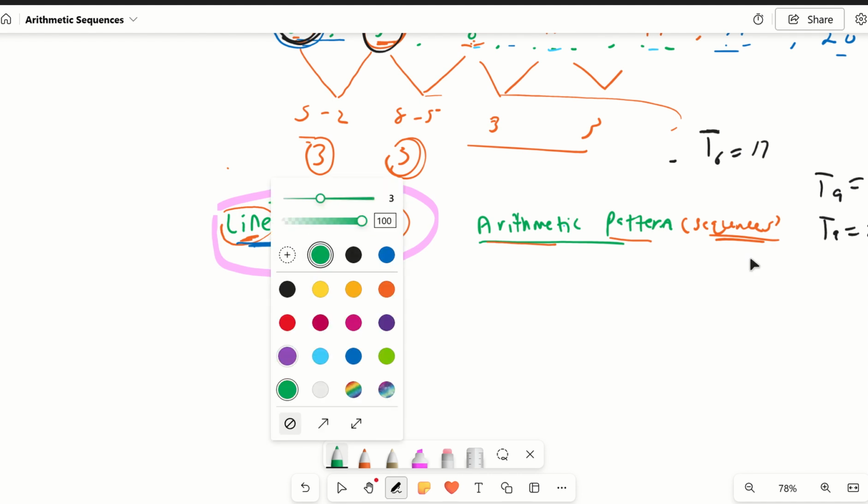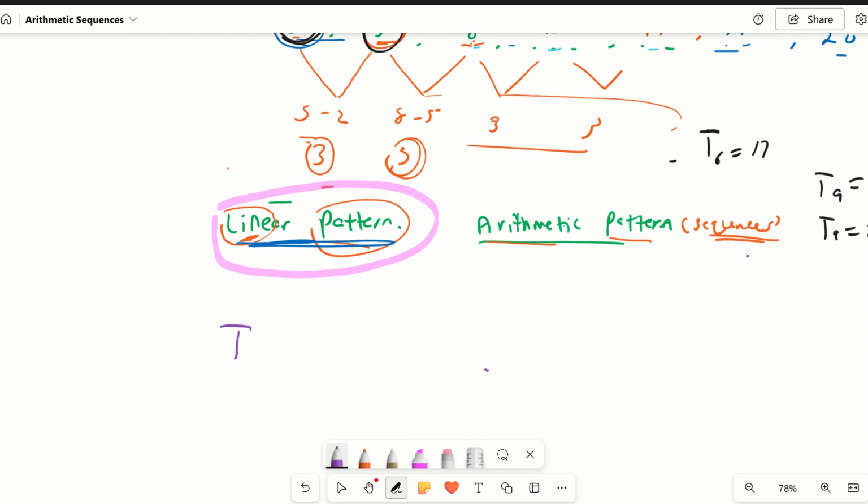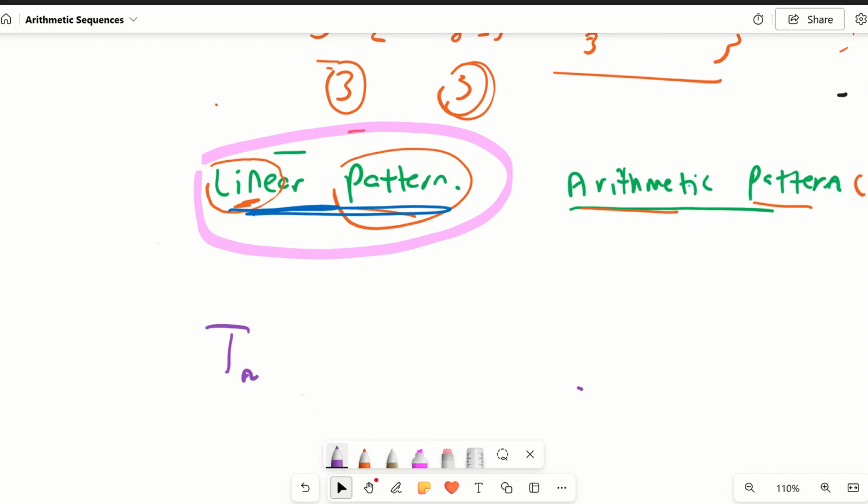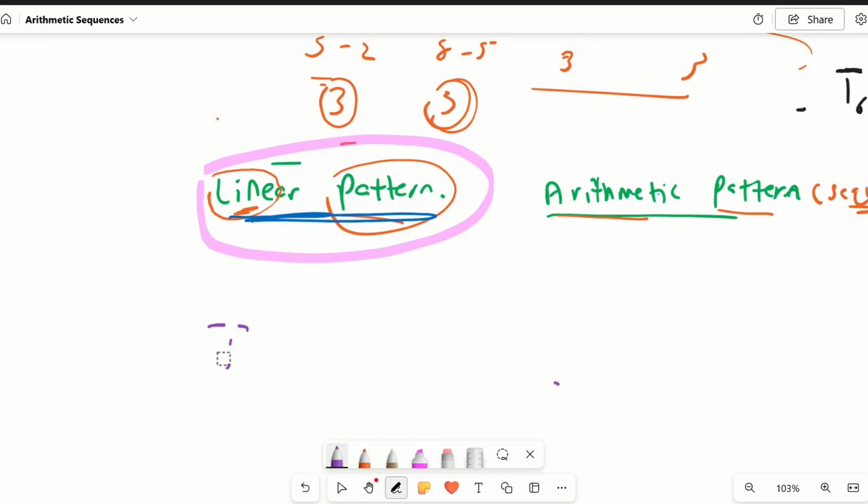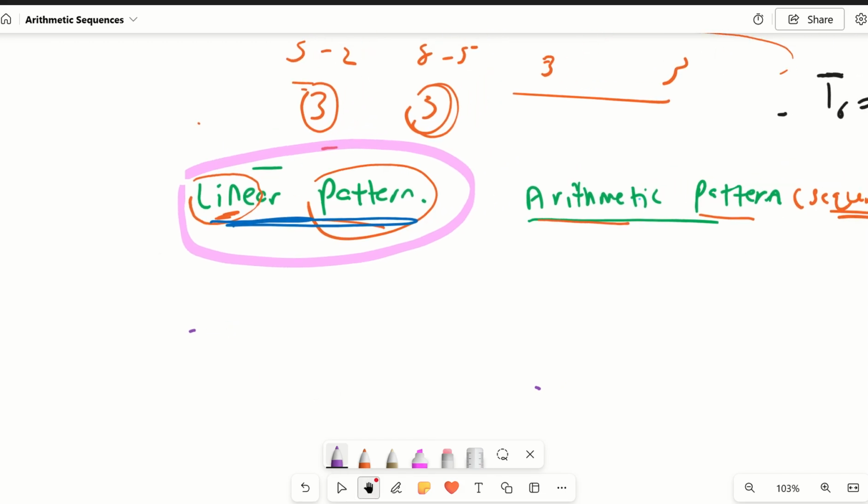It says Tn, the member you're looking for, is equal to a plus open bracket n minus 1 close bracket d.